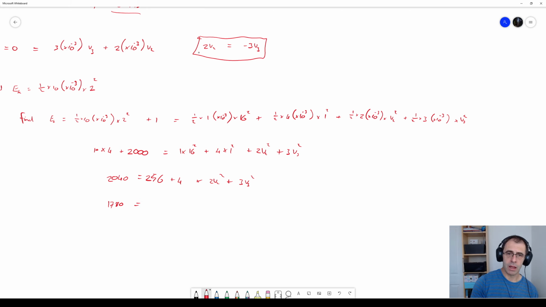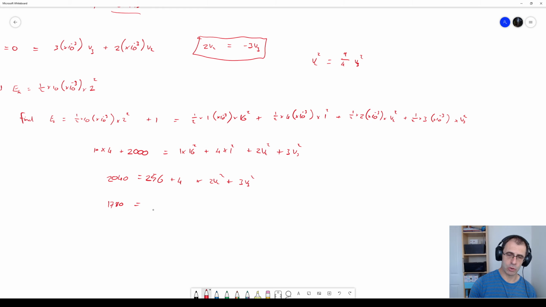So if I look at this expression that I've got up here, if I rearrange this a little bit and square both sides, I can say that V2 squared is equal to 9 over 4 V3 squared. Obviously squaring the minus sign is going to disappear.